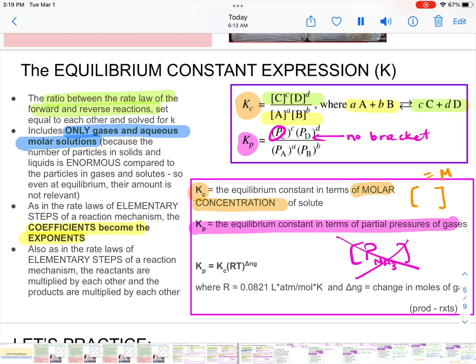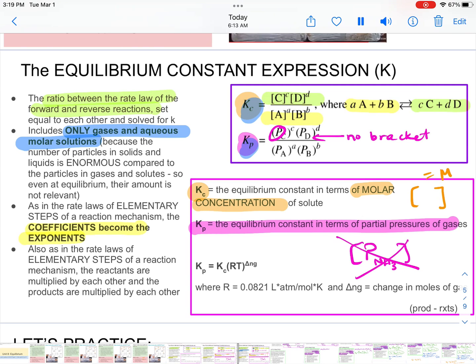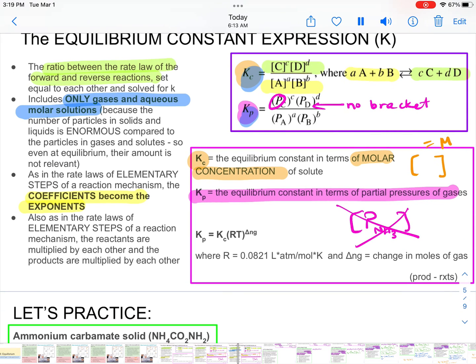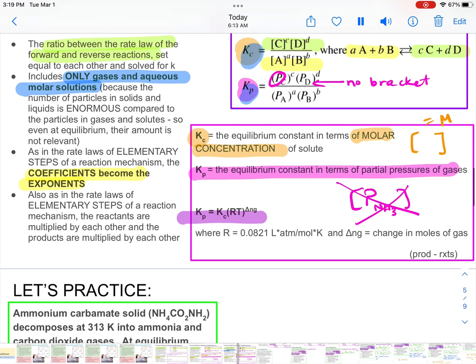If we're using molar concentrations, we call it Kc, and if we're using partial pressures of gases, we call it Kp. All right. The two are related to each other, but one is molarity, one is pressure in atmospheres. The idea would be that we could use the ideal gas law to come up with the relationship between them, but that would be an awful lot of work. So instead, if we need to mathematically determine Kc from Kp or Kp from Kc, we use this equation, which should be already in your targets.